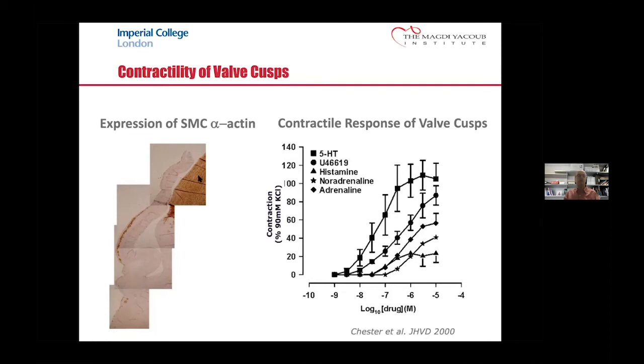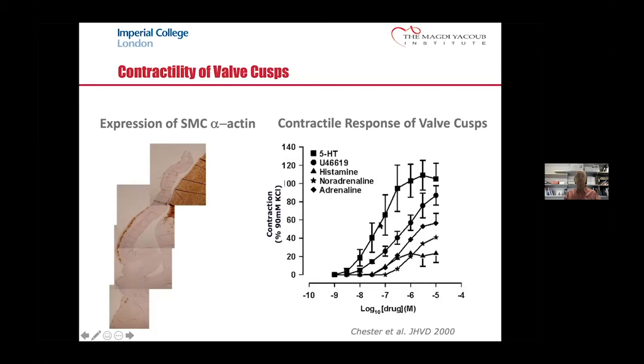So we embarked on a study whereby we took isolated porcine valve cusps, put them in a tissue bath, and I started adding various contractile agents and managed to show that there was a whole repertoire of receptors present on porcine valve cusps that could induce contraction. One thing I noticed compared to ring segments, these contractions were quite small.